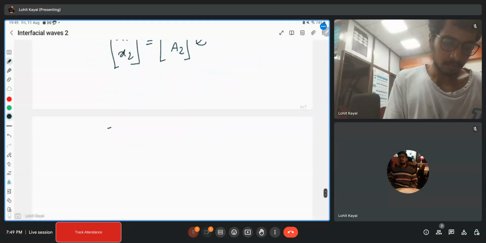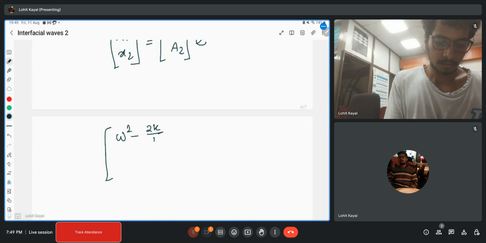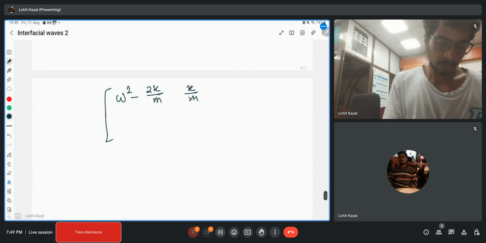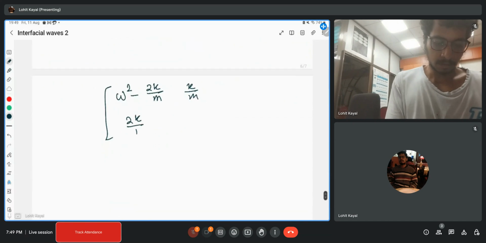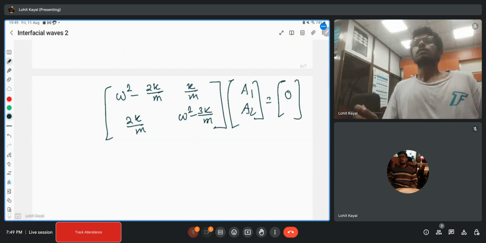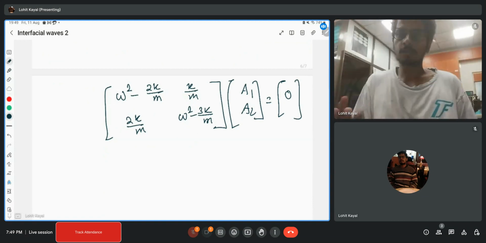It will be omega square minus 2k by m, k by m, 2k by m, and omega square minus 3k by m, times e1, e2. Okay, so this will be your matrix equation.